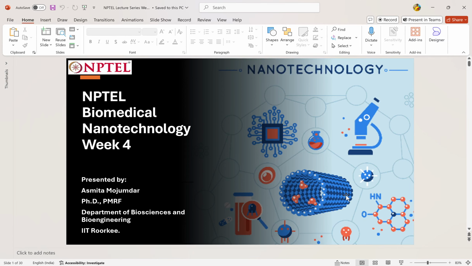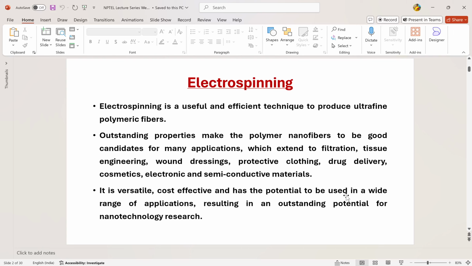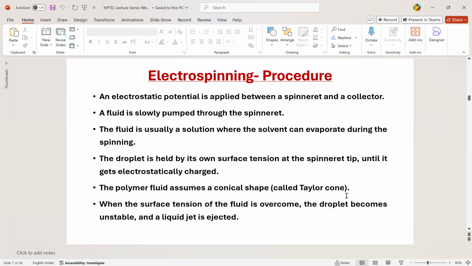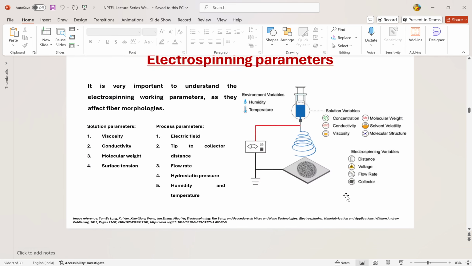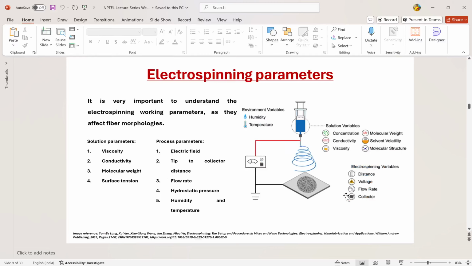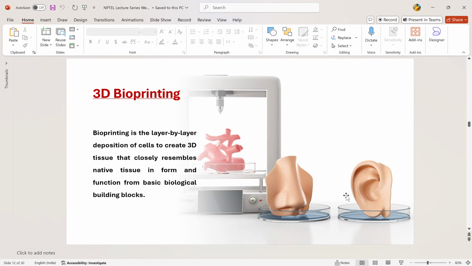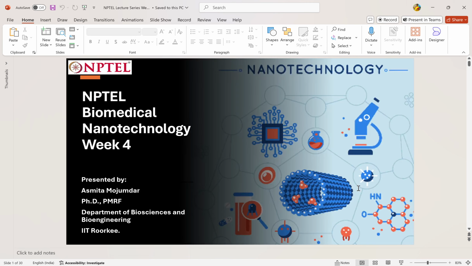So today is the last session, and we will be talking a little bit about electrospinning, and then we will be talking about 3D bioprinting. Just a little overview. You have already studied 3D bioprinting. I'll be giving a brief overview about the entire process of 3D bioprinting, how it is done.